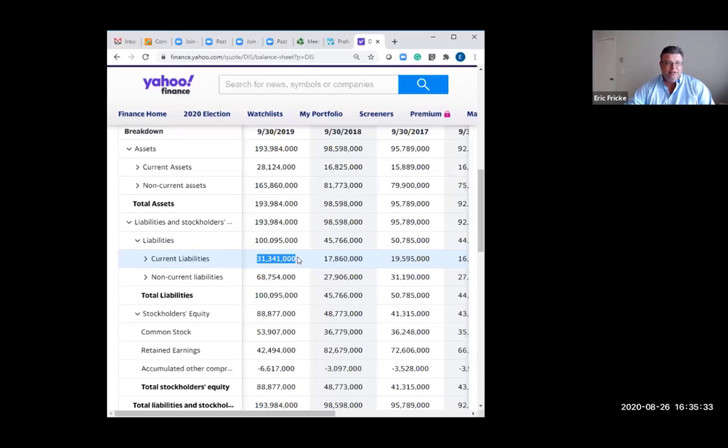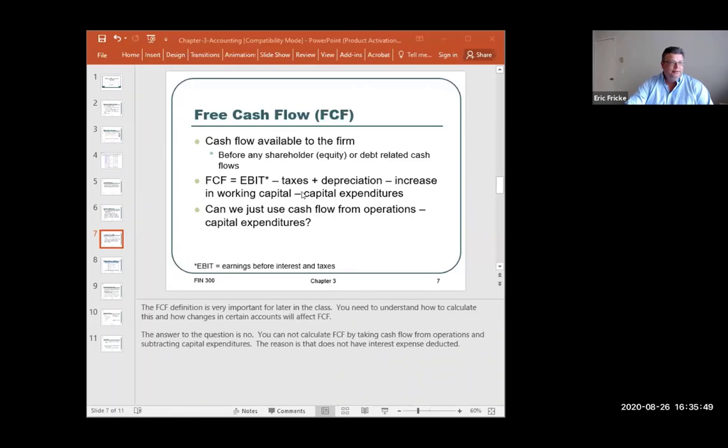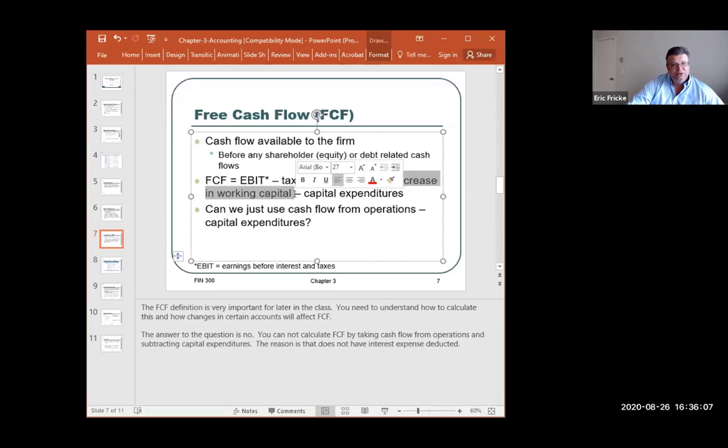Now let's go back to our equation. That means this number right here is going to be minus a negative number, 2.2 million. Two minuses make a positive. So we're actually going to be adding $2 million toward our cash flow. Okay.